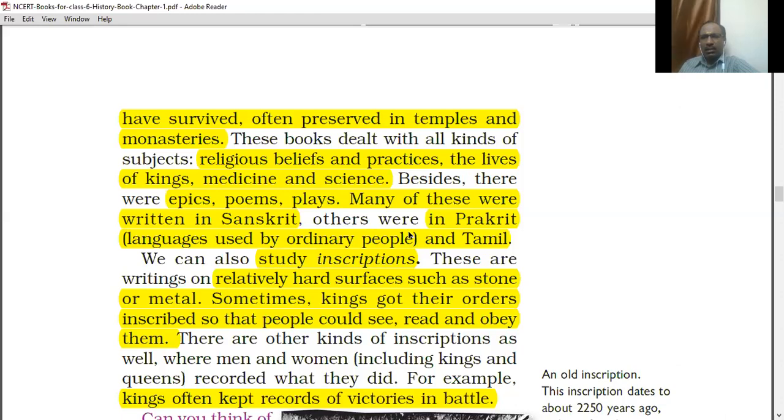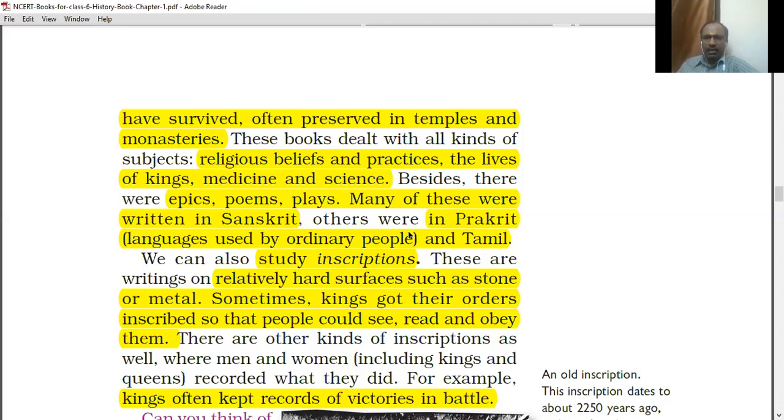We are also able to see Tamil literatures, and also the study of inscriptions. Studying the inscription, what we call epigraphy. The one who knows how to study inscriptions is called an epigraphist.